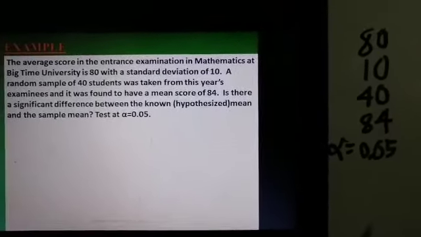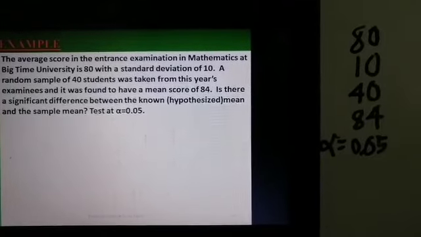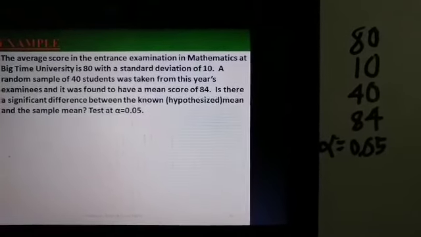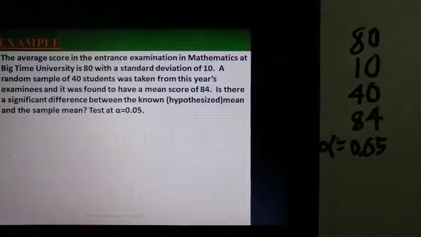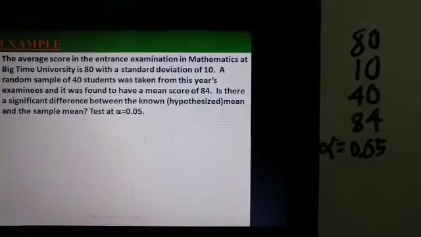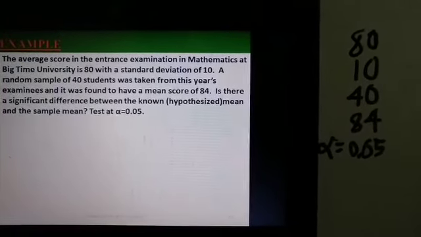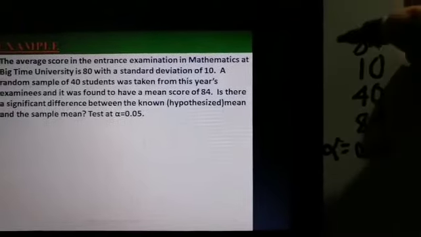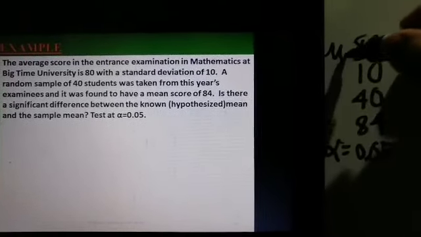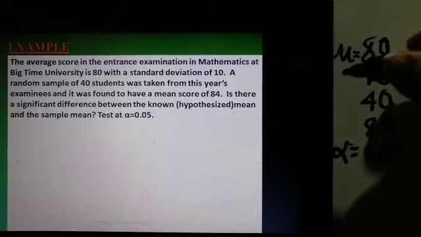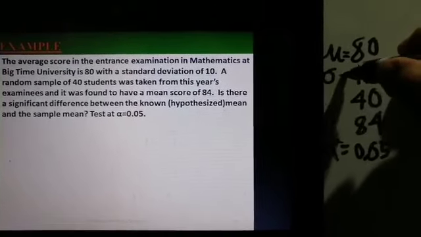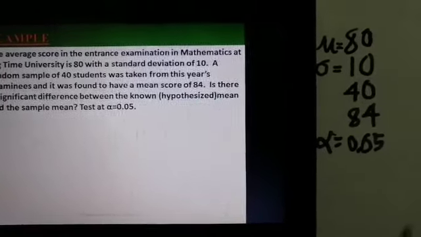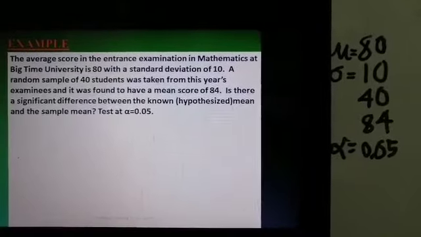So what then is our 80? What is 80 in this problem? It's the average score in the entrance examination. So we consider this as our mu. How about 10? This is our population standard deviation.